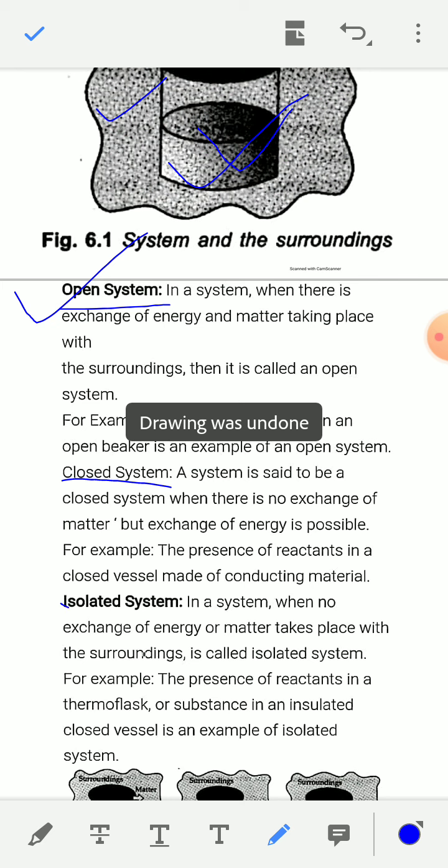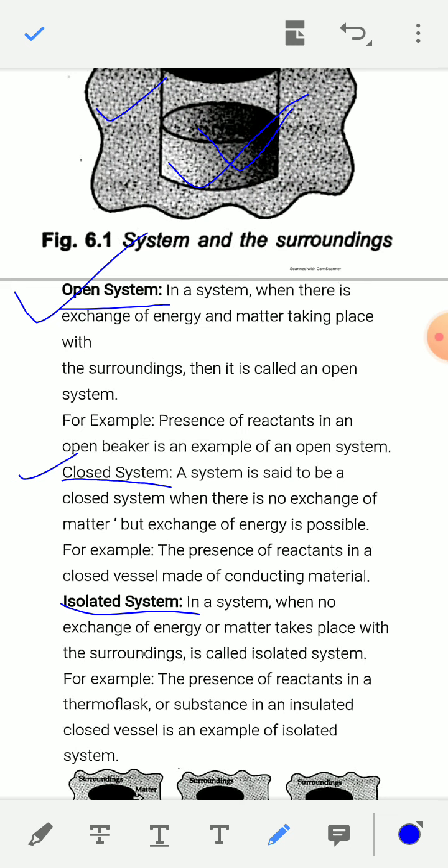First, open system. What is an open system? In a system, when there is exchange of both energy, that is heat, and matter, that is mass, with the surroundings, it is called an open system.